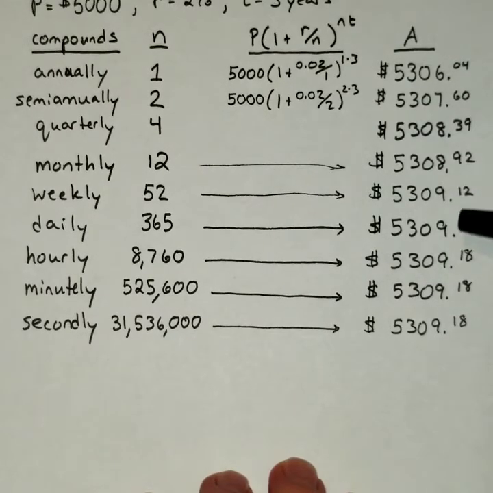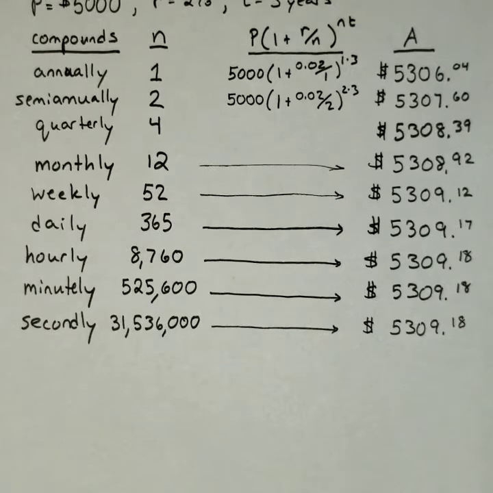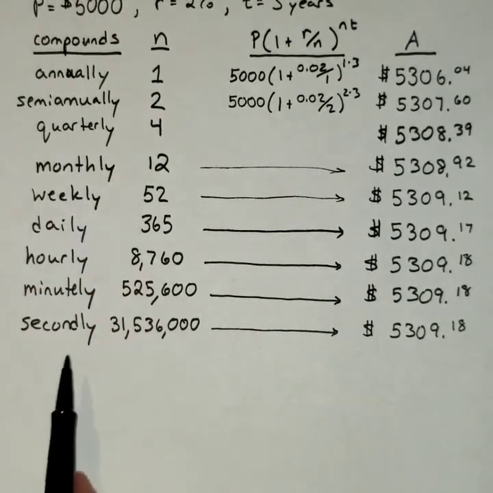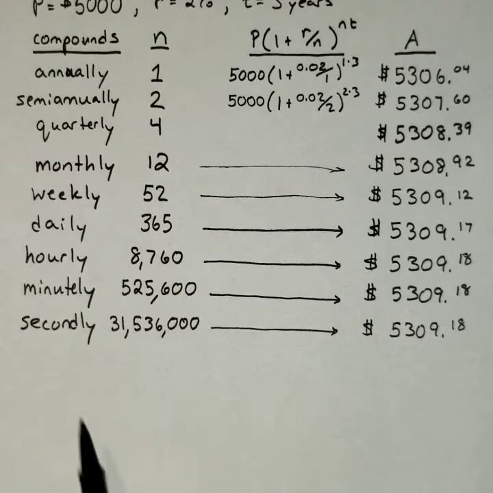So what we end up with is some sort of asymptotic behavior. What that means is that these numbers approach a certain value. And using a little bit of calculus, which we won't get into the details of, you can determine what happens if you were to compound the money at every single moment, which you would consider basically an infinite number of times.